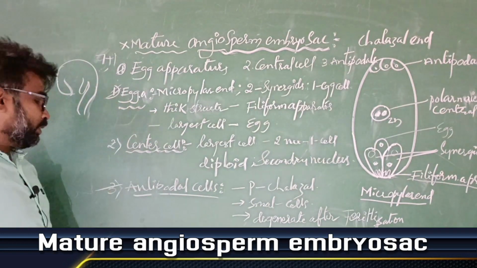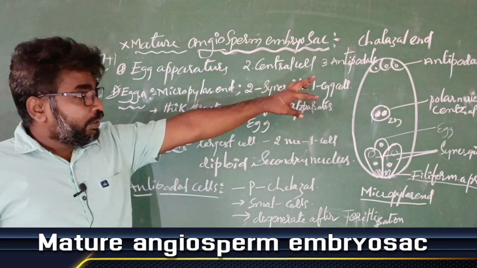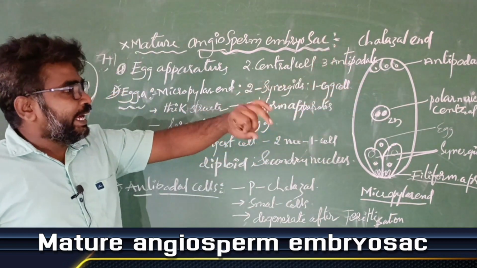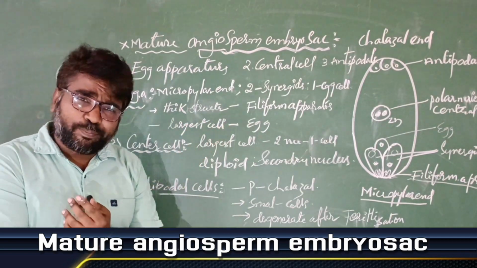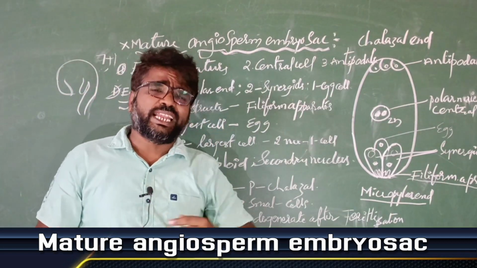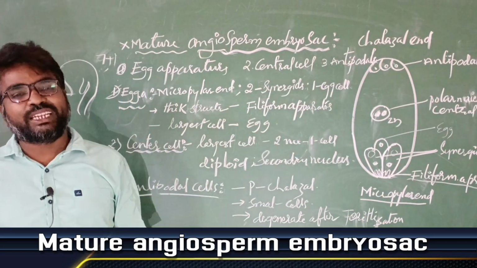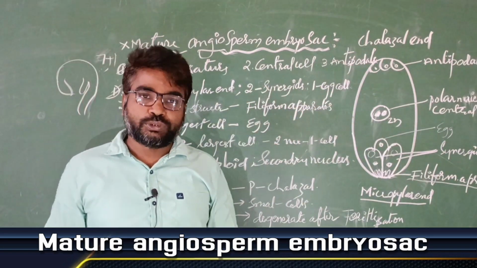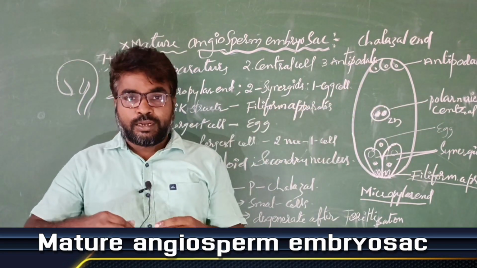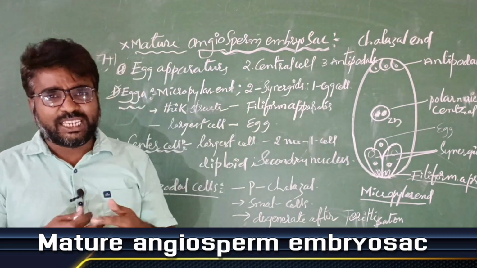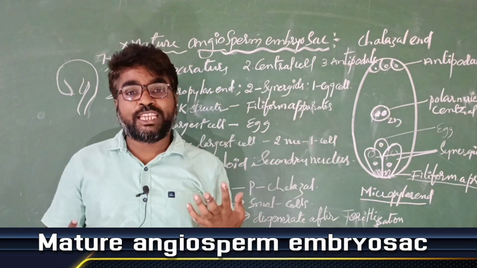Next, third one, antipodal cells. Three cells are present at the chalazal end. The 3 cells we call antipodals. These 3 cells disintegrate, they disappear after fertilization.